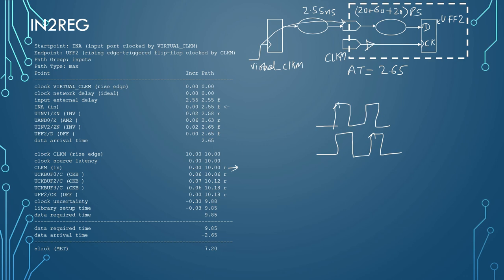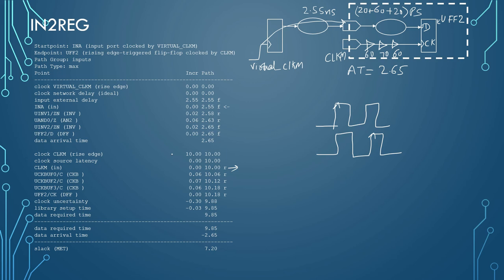Till it reaches there, it has 3 clock buffers in between, and each buffer has some delay: 60, 70 and 60. So the total clock network delay becomes 60 plus 70, 130, plus 60, 190 picoseconds.